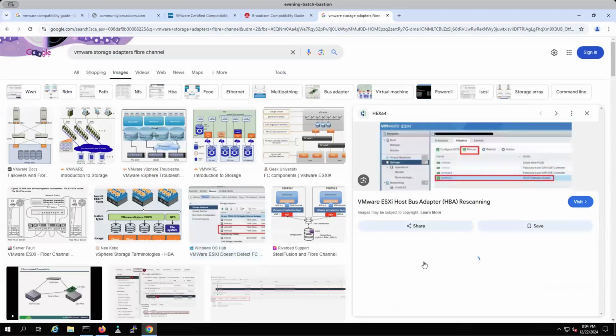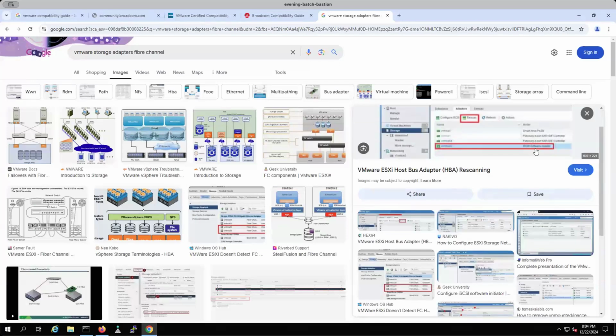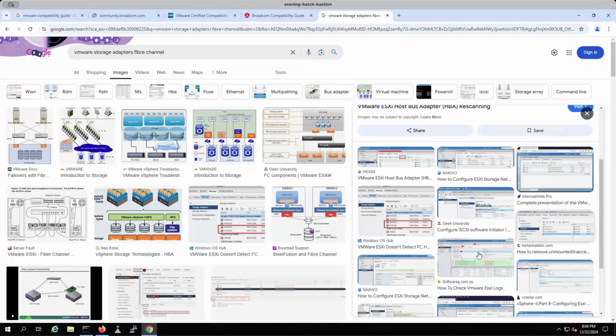So if you dig deeper, okay, so here this is the SCSI adapter, no, not this one.